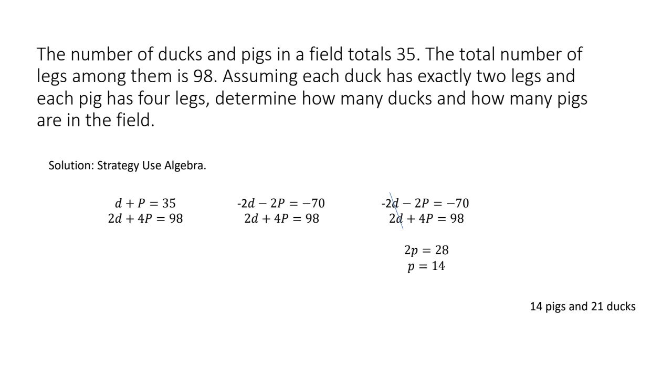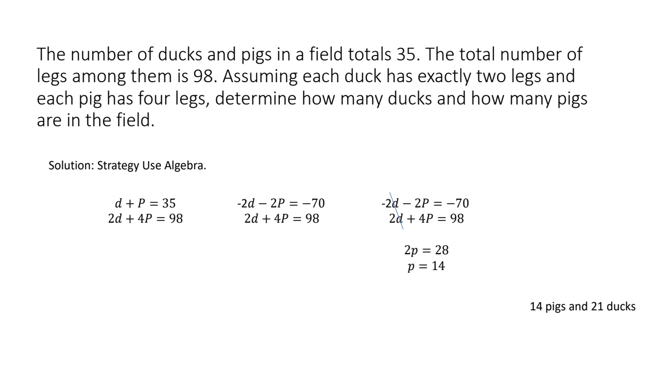And you get the equation 2P equals 28, divide by 2, and this becomes P equals 14. So by using algebra, it also gives me the same answer that the pigs are 14.